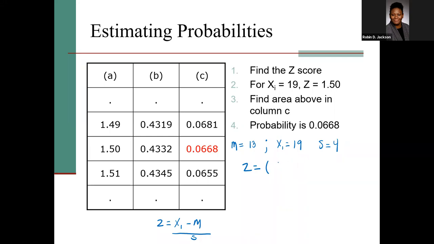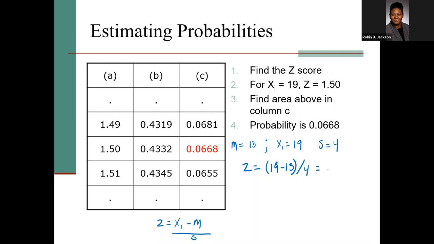Since I'm not going to write it vertically, I'm just going to write it in one line, with the top part in parentheses. So Z is equal to 19 minus 13, because 19 is the score and the mean is 13, and we divide that by 4.